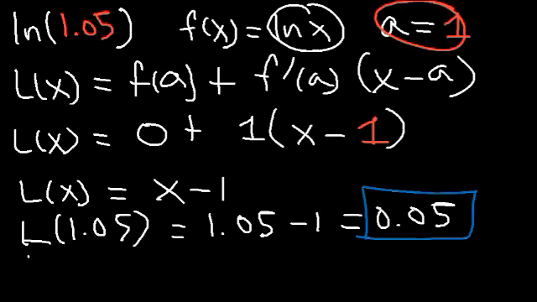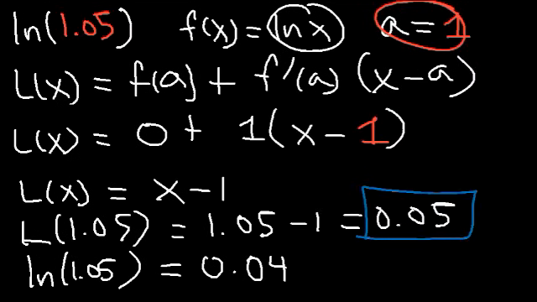Now let's get the exact value. ln 1.05, if we type it in, it's going to be 0.0488, which is approximately 0.05 if you round it.